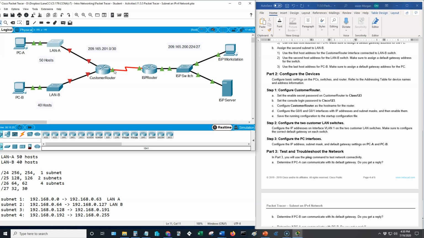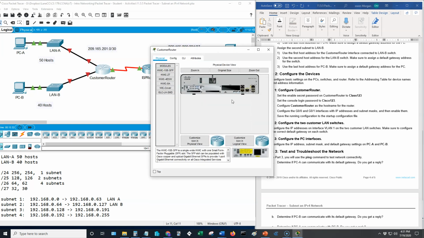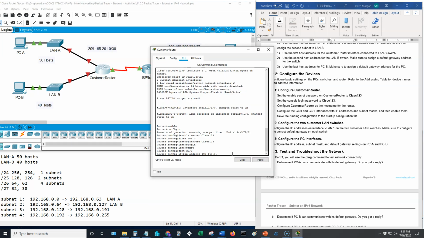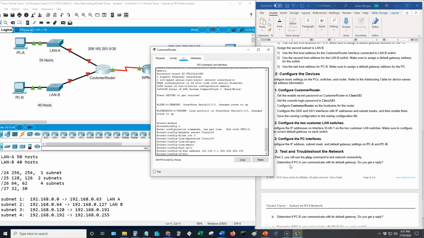Now, it's not going to let me see this. Well, we'll find out if it works when I'm done, since I can't determine. So this will be the .1. Was for our LAN A with a subnet mask 255.255.255.192. And then we'll do the interface G0/1.